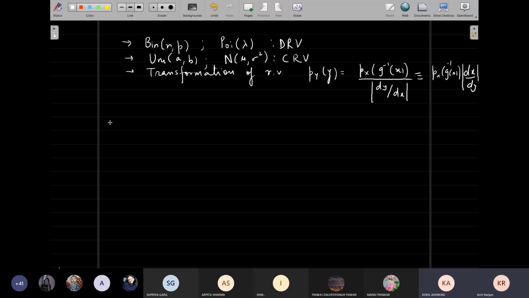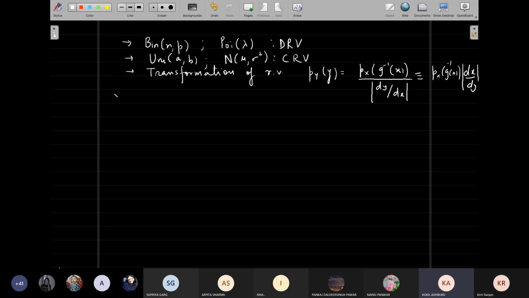And towards the end of the class, we did this transformation of random variable where, given a relation of a random variable y with x and given the PDF of x, we are able to get the PDF of y using what we call the conservation of probability. So we did one example, and I wanted to start today's class by giving at least one more example.